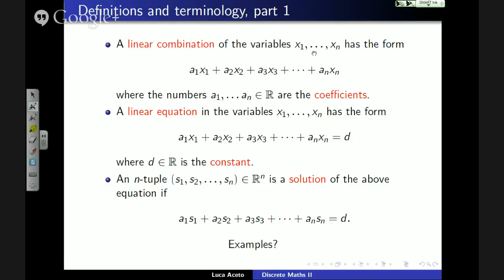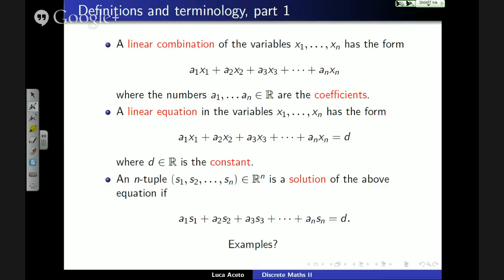So what is a linear combination of these variables? A linear combination of these variables is nothing but an expression like this one, where A1, A2, A3, An are numbers. In this version of the linear algebra material that we are going to have in this course, numbers will be real numbers.